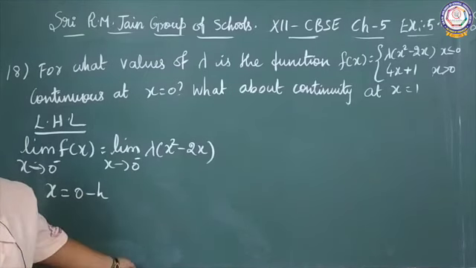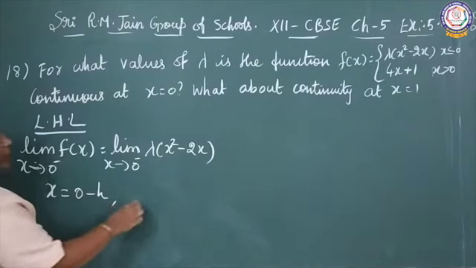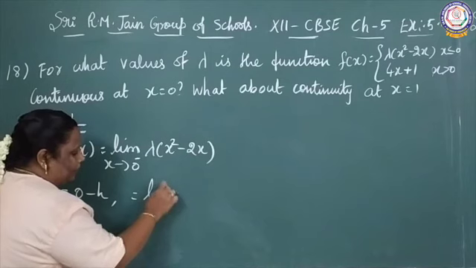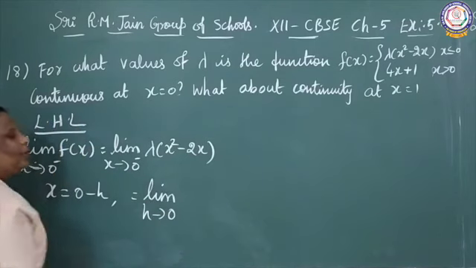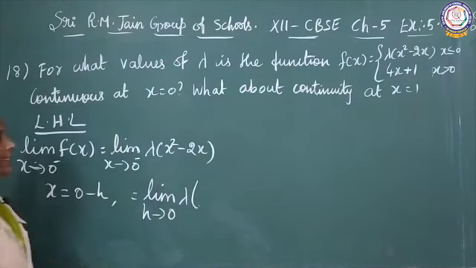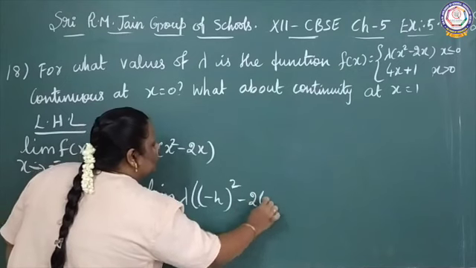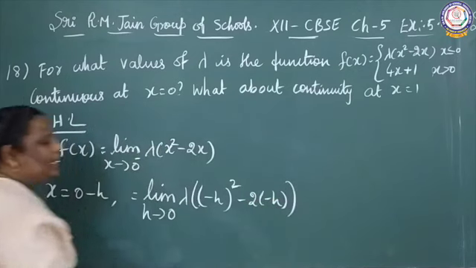So limit h tends to 0 of lambda into minus h the whole square minus 2 into minus h.